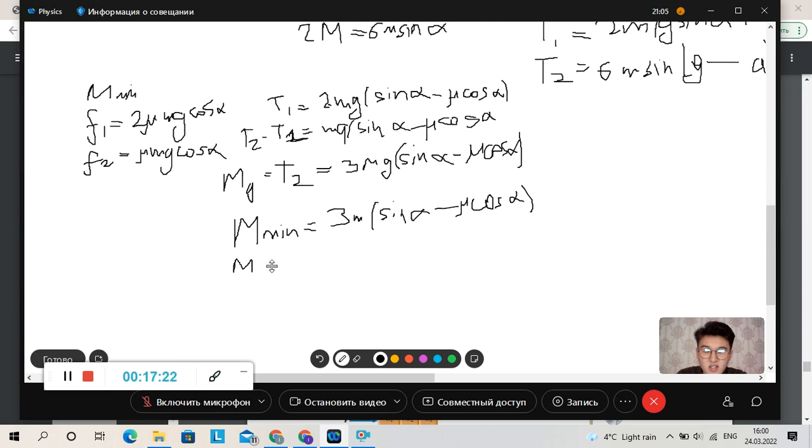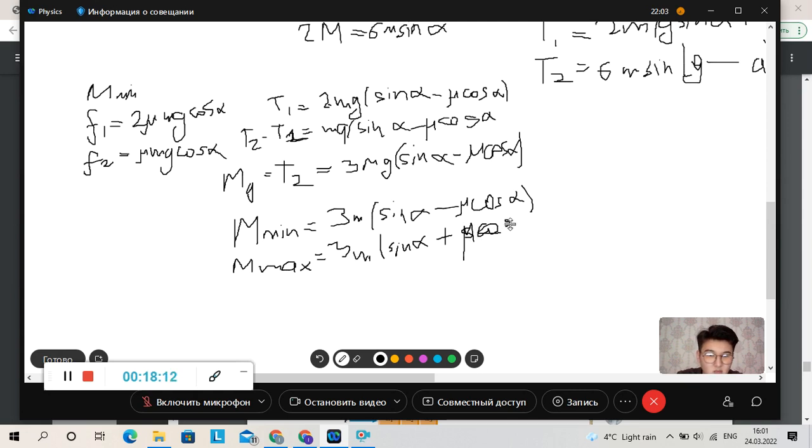mass of big M, and we need to find the maximum mass of big M. If this is maximum big mass, and this will be like to this, blocks will go to up, and the friction will be to the downward, and the maximum part like this is the minimum part, but we need to write 3m sinus alpha, we just plus this sinus alpha plus u cosine alpha.